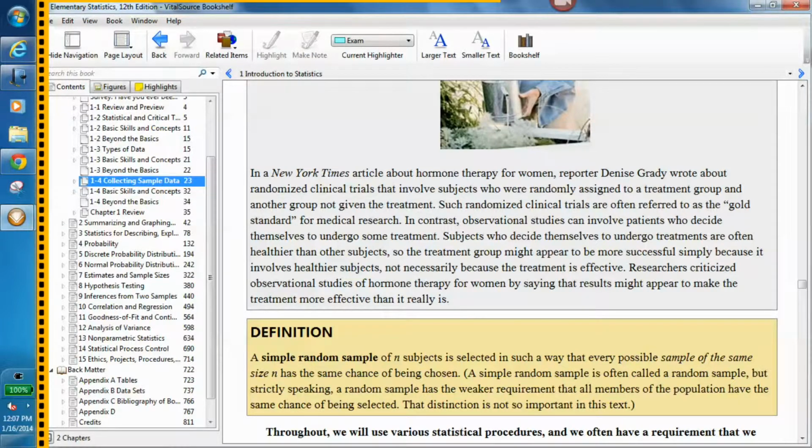So again, if me and you are chosen, or if 2 other people are chosen, it needs to be the same chance of everyone being chosen. That's a simple random sample. Not of each person, I guess it would be if the group size n equaled 1. But sample sizes usually are groups of items, groups of people, things like that.